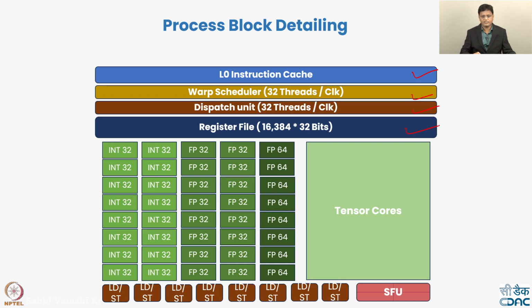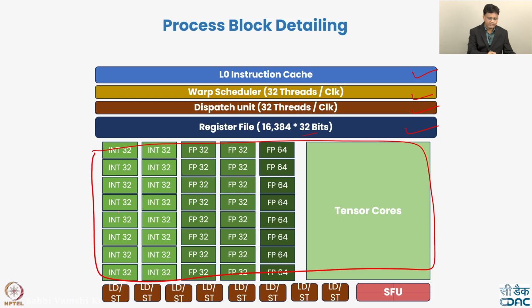Register files. You can see that the register file is around 384 registers, and each register is of 32 bit. After that, this entire section represents the compute cores, the actual compute cores. There is a compute core of int type, this is a float type, and similarly FP64 is of 64 bit, and only 8 such 64-bit units are present in each process block.